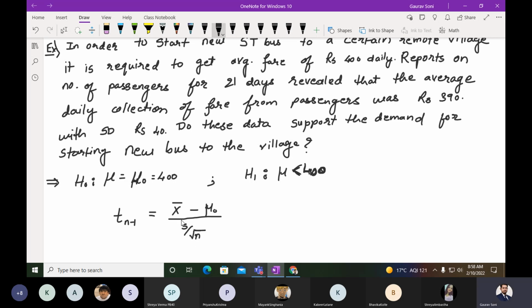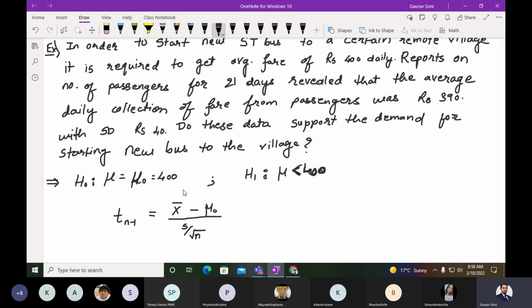Okay, what is x bar? X bar is the mean of the sample. Remember that there are two things here: X bar and mu naught are both averages, but there is a major difference. The mean of the total population is mu, and x bar is the mean of the random sample I am defining.